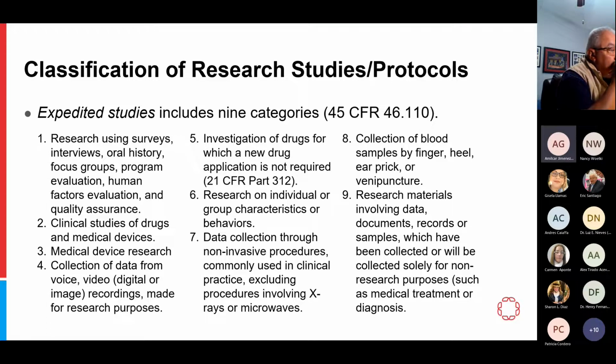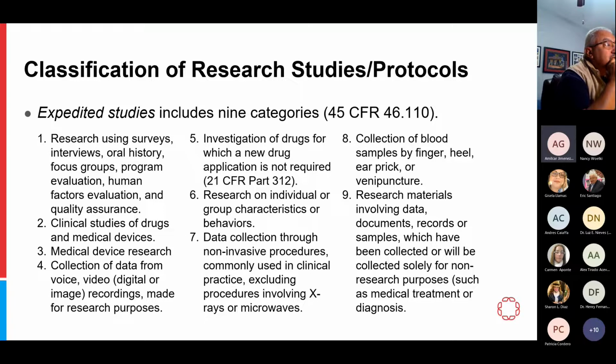Clinical studies of drugs and medical devices, medical devices research, data collection from video or voice recordings, investigation of drugs where a new drug application is not required, research on individual or group characteristics or behavior, data collection through non-invasive procedures commonly used in clinical practices, excluding X-rays and microwaves.